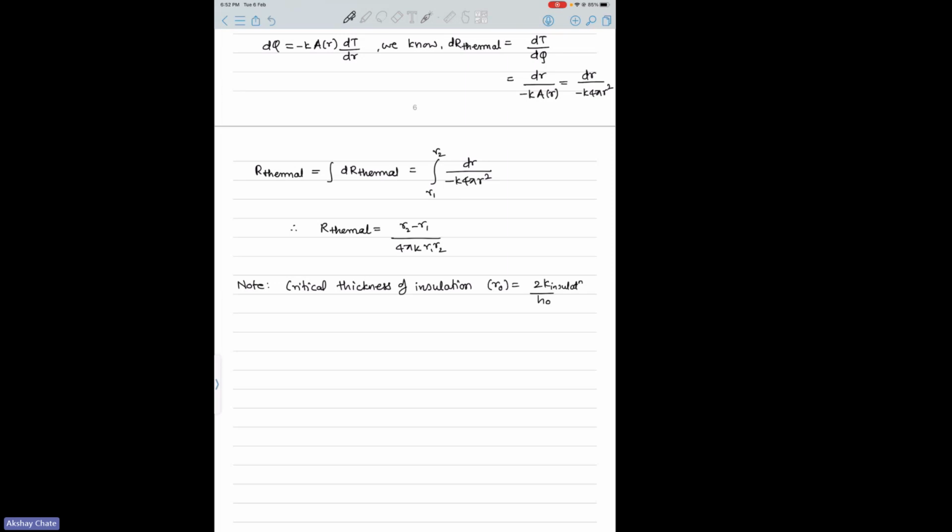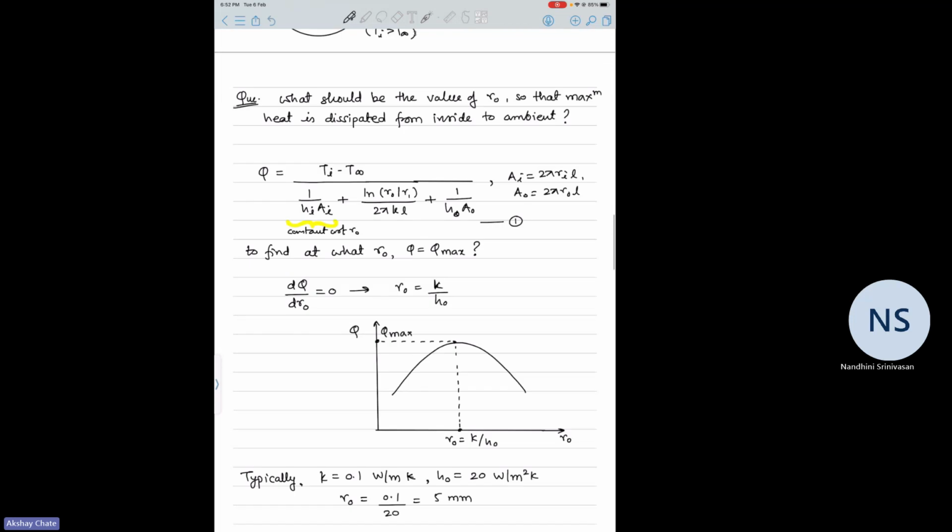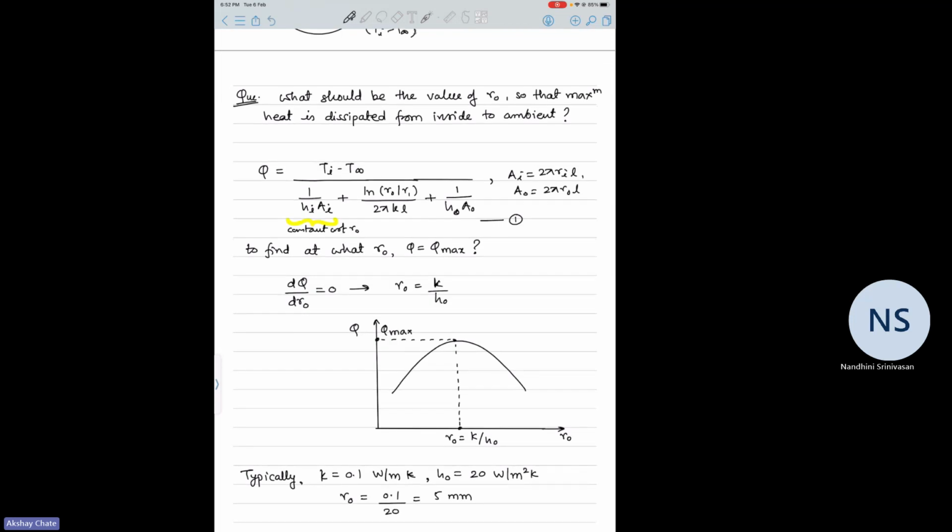I don't have time to go into the derivation, but when you write the spherical thermal resistance like this equation, in case of cylinder the area is 2 pi r, but in case of spherical it is 4 pi r square.